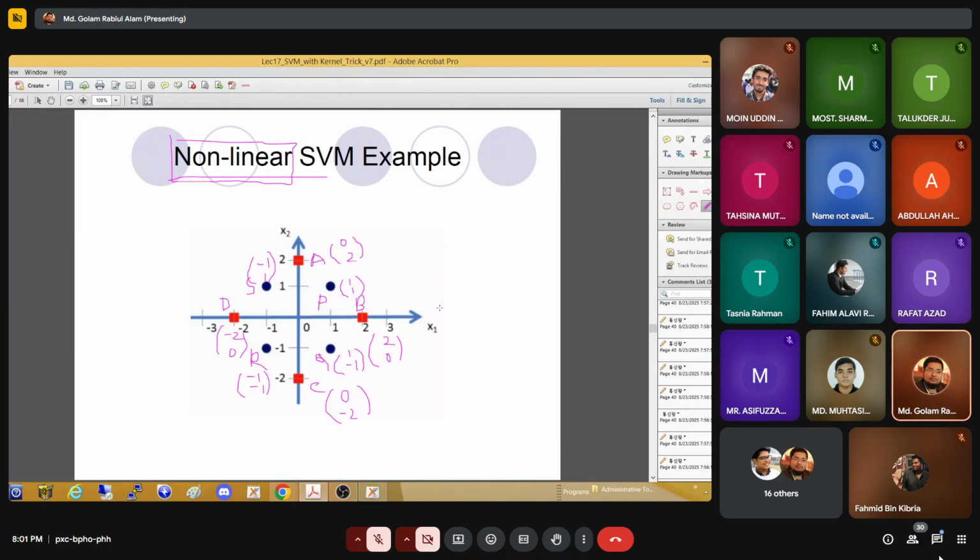Someone can think we want to shift our positive instances, the red squares, to the right, to this side.